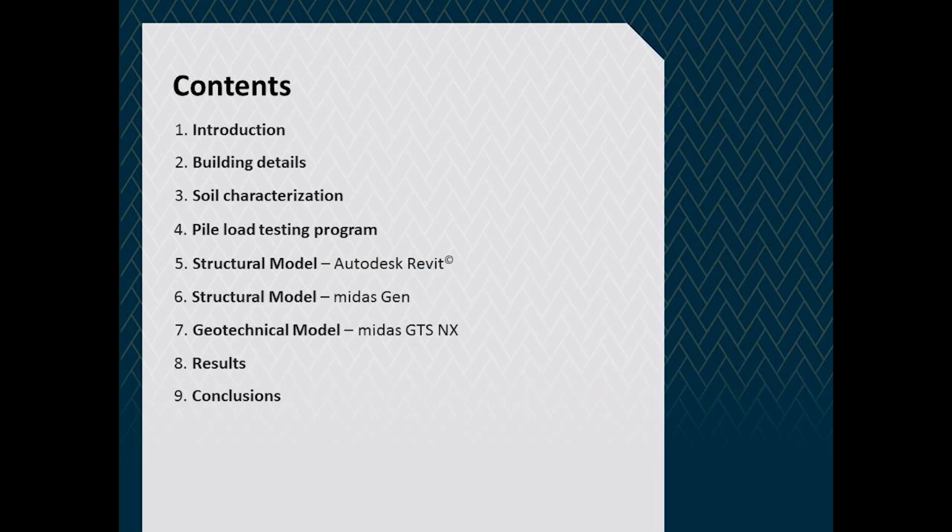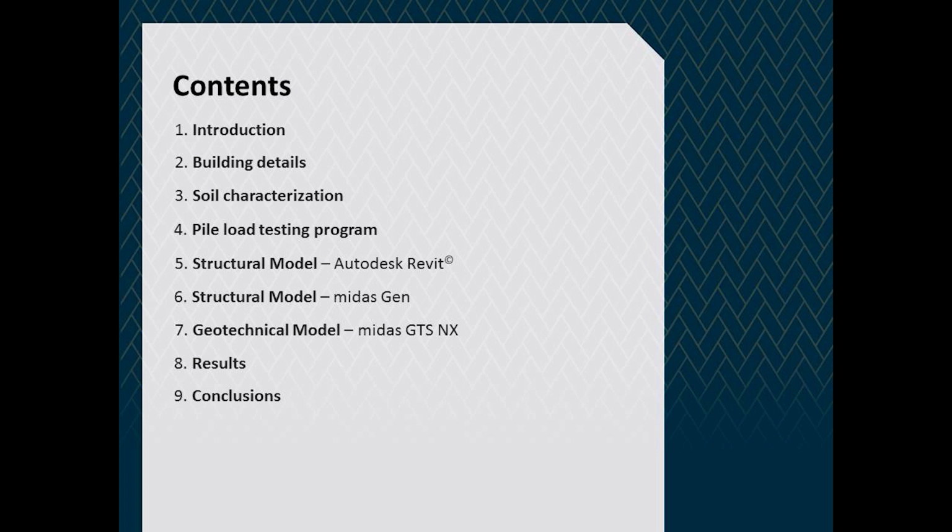The presentation is basically divided in 9 topics, starting with a small intro, going to some building details. Then we go to soil characterization that was done in the site. We head then to the pilot testing program, which was undertaken, and finally we go to the model.